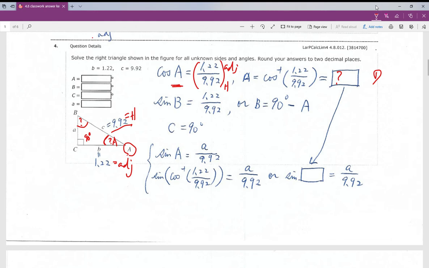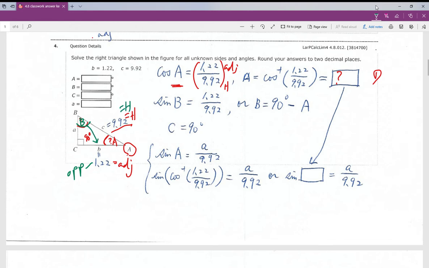And when you want to talk about the angle B, let me change it to another color. So angle B, this one, this becomes opposite to the angle B. And this is still hypotenuse.